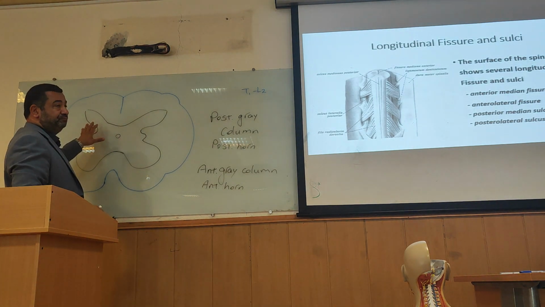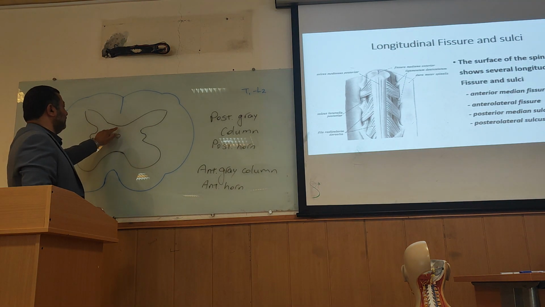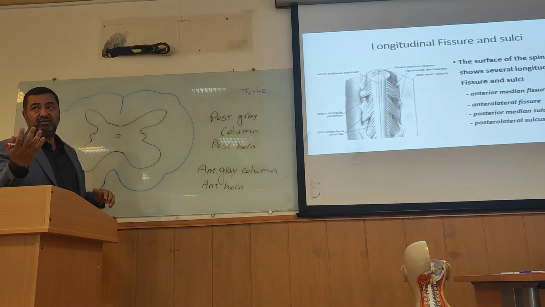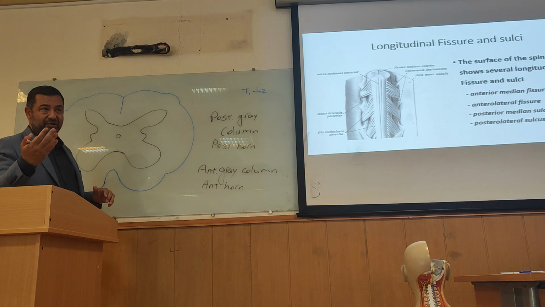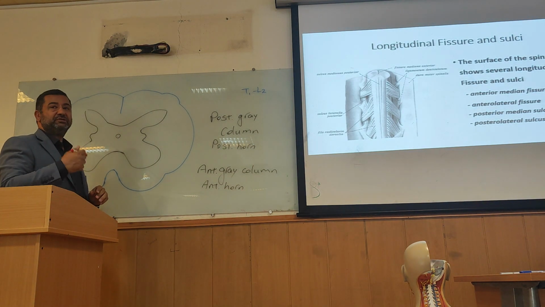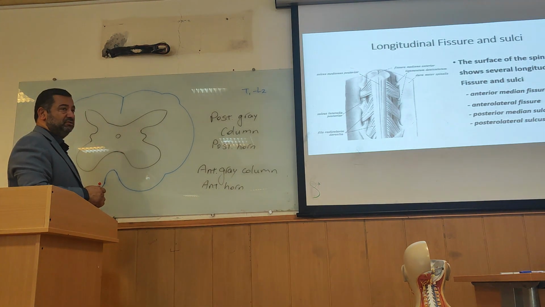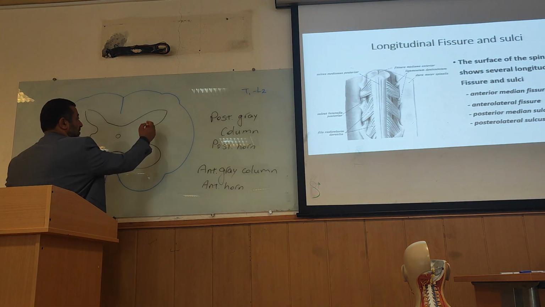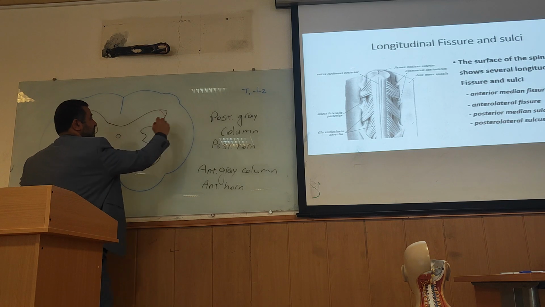Gray matter on each side of the spinal cord has 3 gray matter columns: posterior, intermediate, and anterior. Posterior gray column or posterior horn has 4 parts. This part is apex.